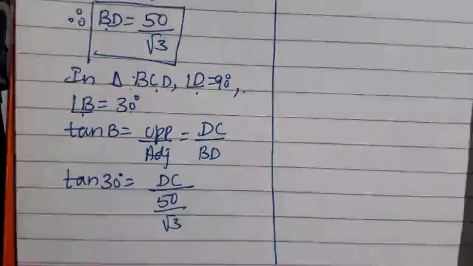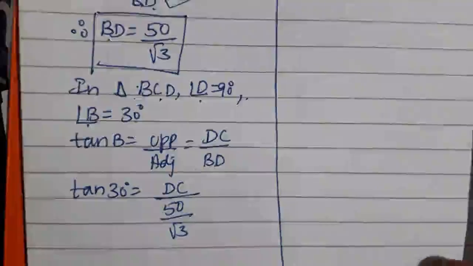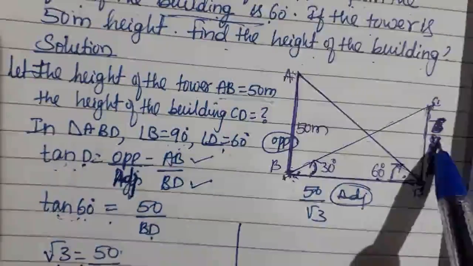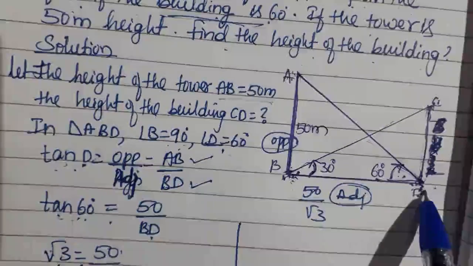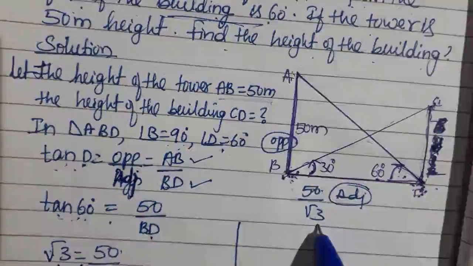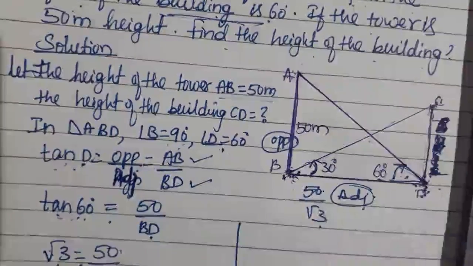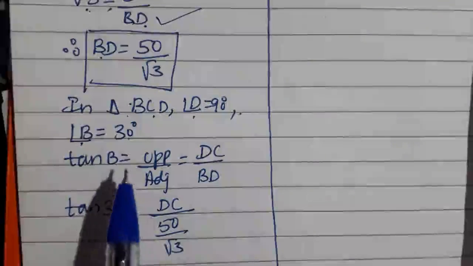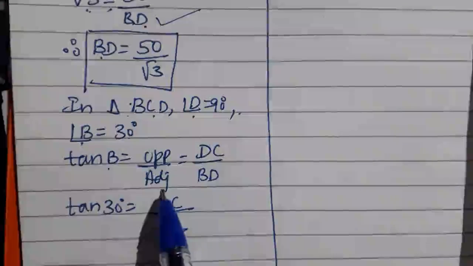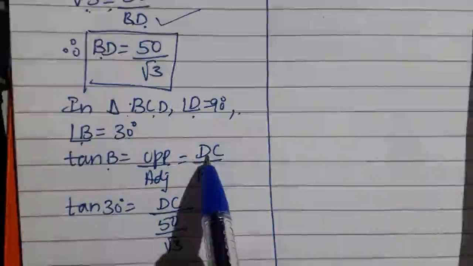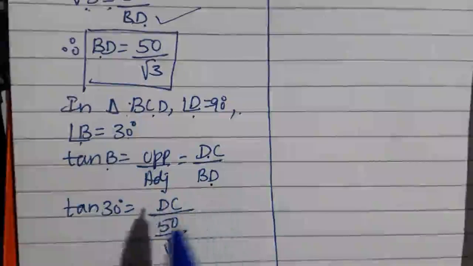Angle B is equal to 30 degree. Now again, the building is the opposite side. The value of the adjacent side I know, 50 by root 3. So opposite by adjacent means again I have to use tan ratio. So tan B is equal to opposite by adjacent. Opposite is DC, adjacent is BD.